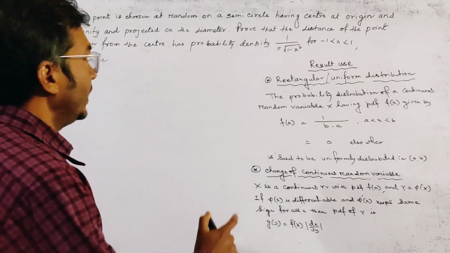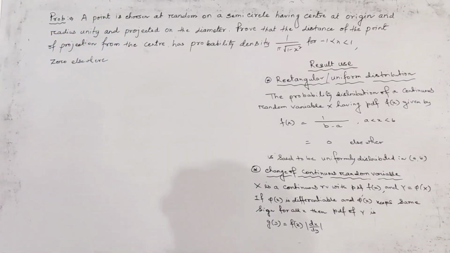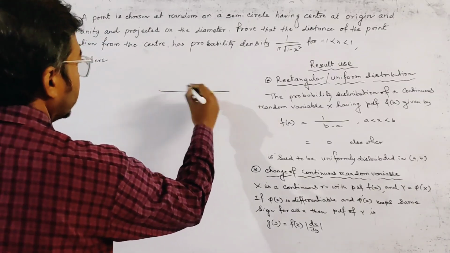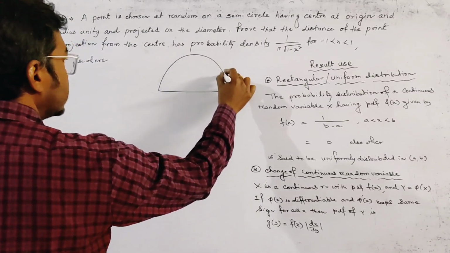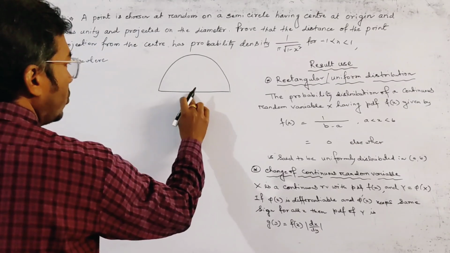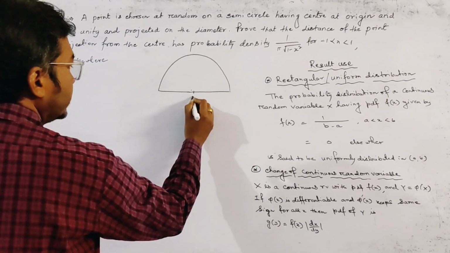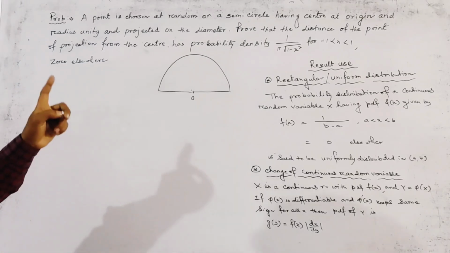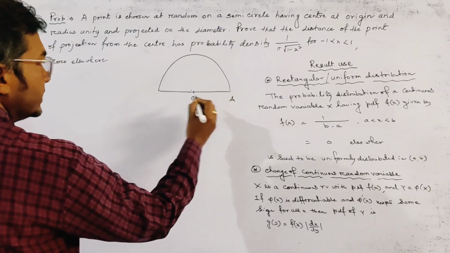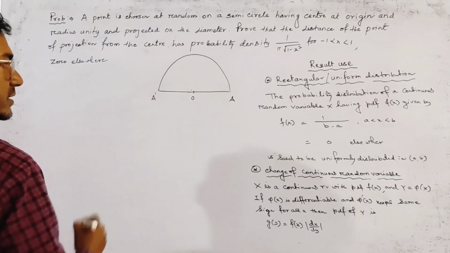Now to solve this problem, we first draw a rough sketch of the semicircle. Let this be the semicircle, and this is the center O, which is given as the origin. Let this be A and this be A dash. This is the diameter.